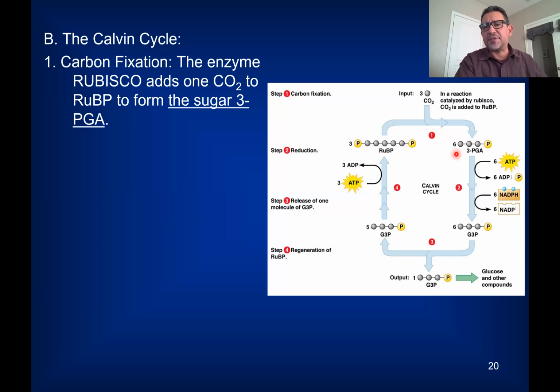And the first step is going to be producing a 3-carbon sugar known as phosphoglycerate. And this phosphoglycerate is a very unstable compound, and it's going to be quickly changed by ATP into electrons from NADPH into a G3P molecule.